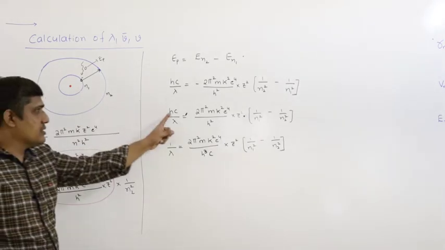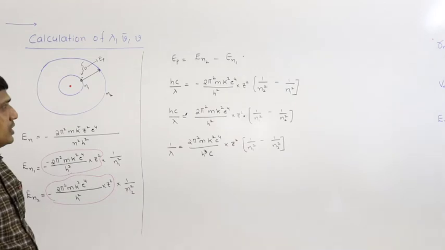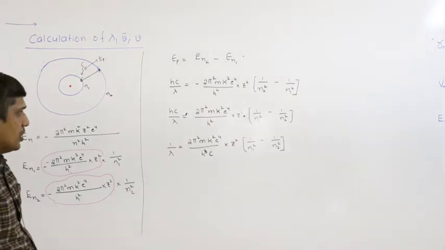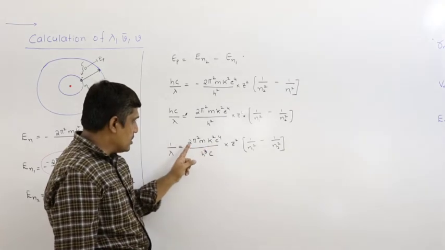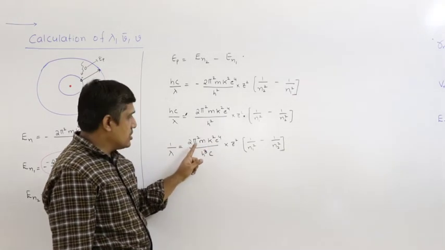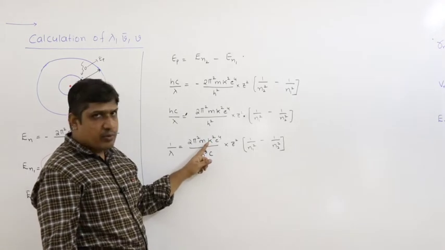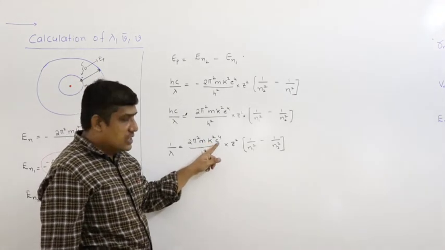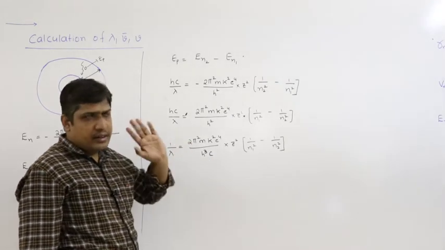So multiplying by this hc, taking it to the denominator, h² into h is h³. Now all these variables are constants. See, all these physical quantities are constant. 2 is constant, π has a constant value, the mass of the electron is constant, k, which is 1 by 4π epsilon naught, is also constant, the charge of the electron is constant, Planck's constant, and c has a constant value.